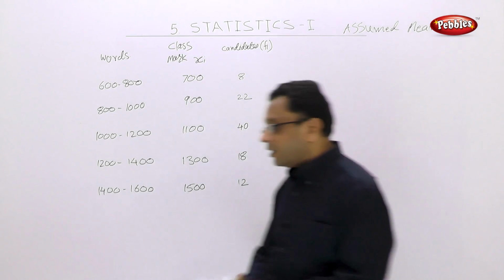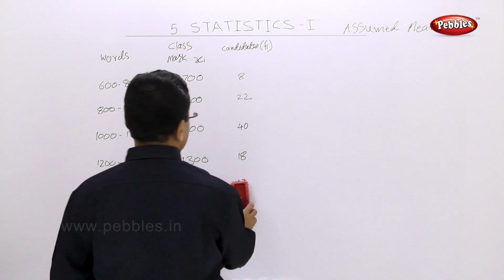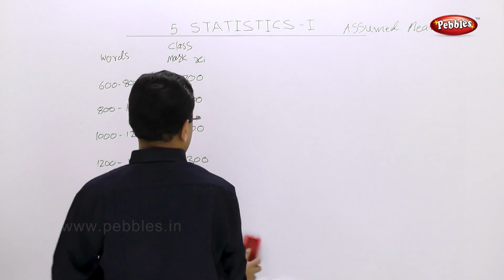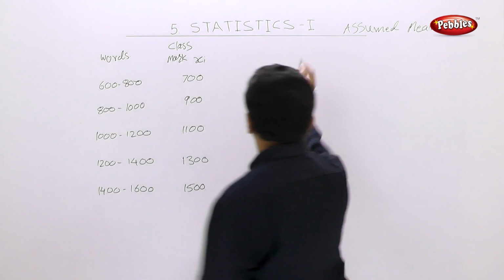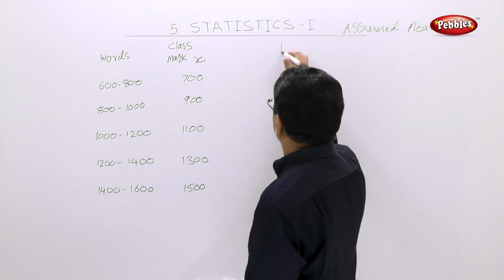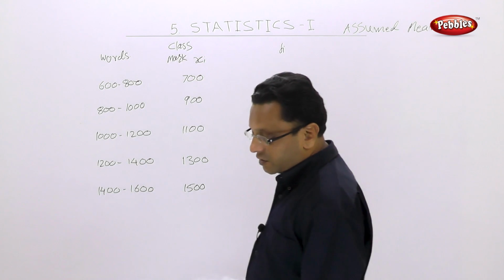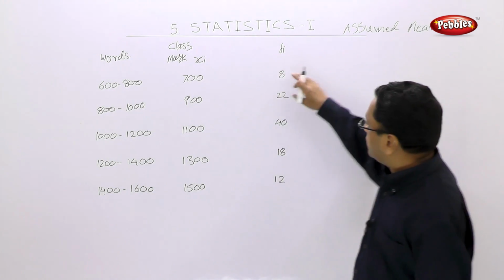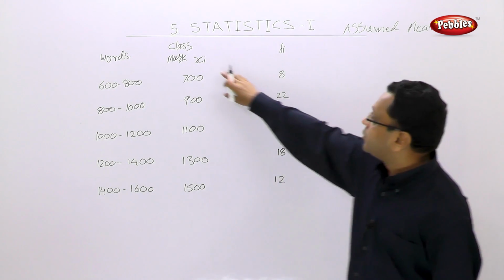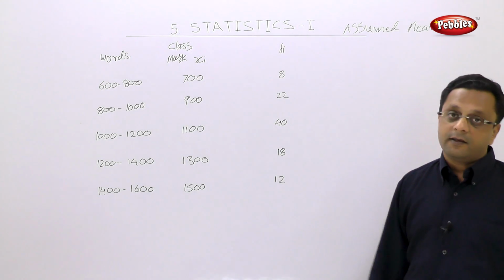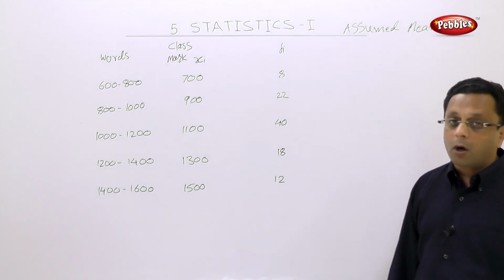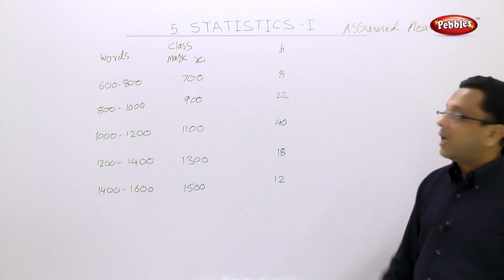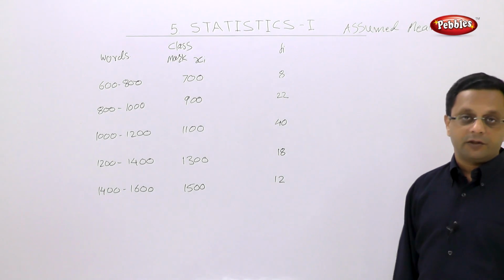So instead, if I keep one space here, that is, if I write my fi by keeping some space, let me write the fi again. Now you know that these calculations, this multiplication, that is fi xi, these calculations is the longer one. So what I will do, I will try to reduce these calculations.